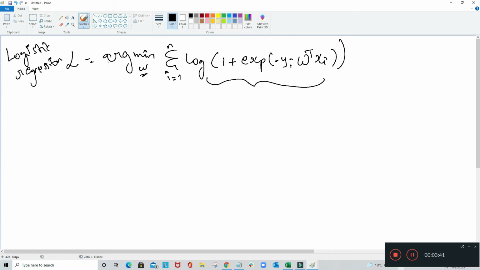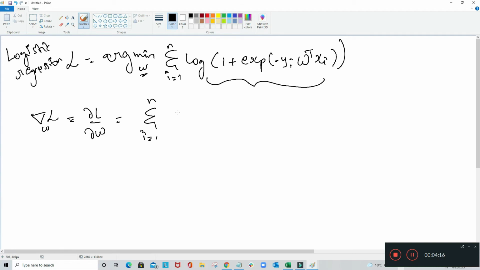The way to achieve this is that this optimal value of w can be found by finding the gradient of L with respect to w, which is nothing but dou L by dou w, meaning we are finding the derivative of the loss function. When we take the derivative, this becomes the summation for i equals 1 to n.